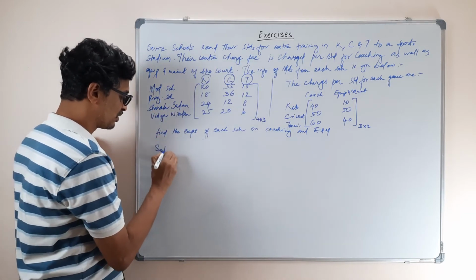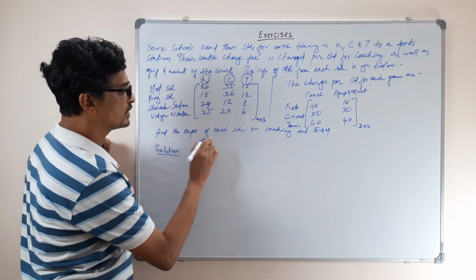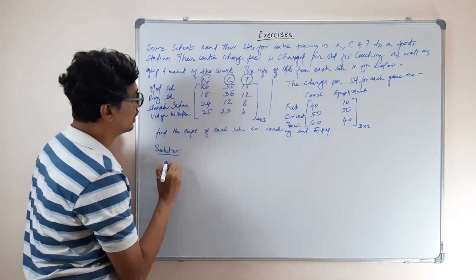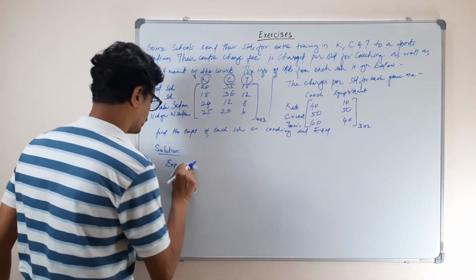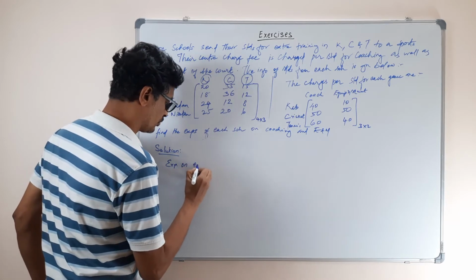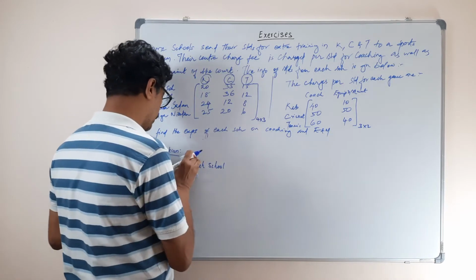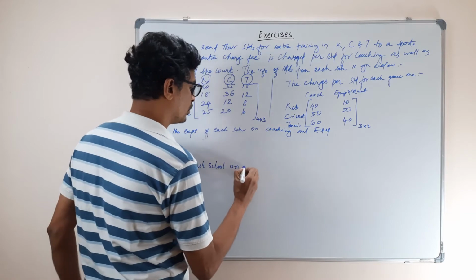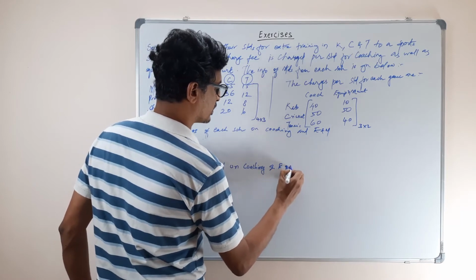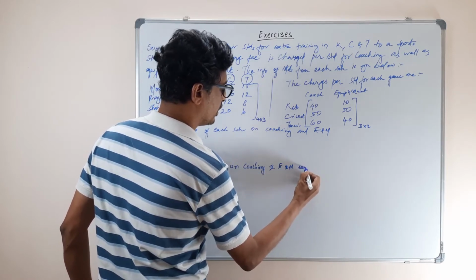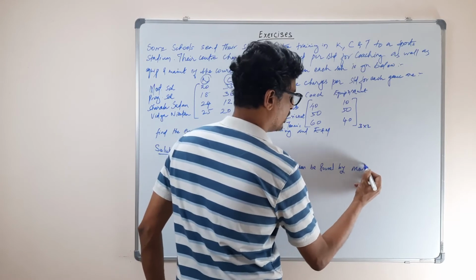Okay, so solution. The expense of each school on coaching and equipment and maintenance can be found by matrix multiplication.